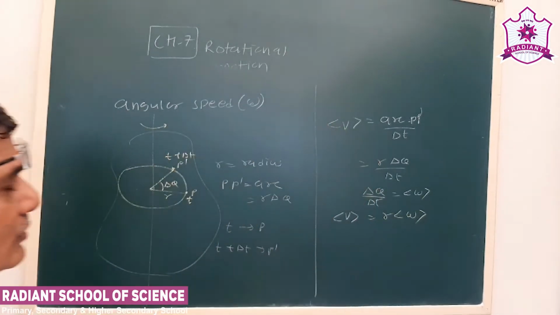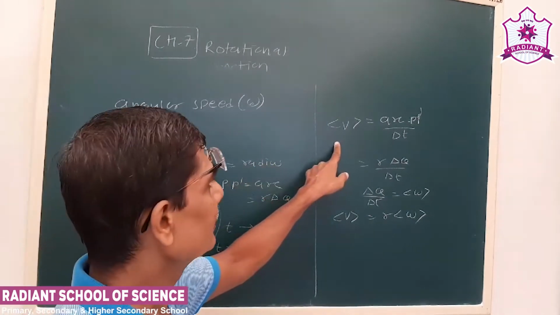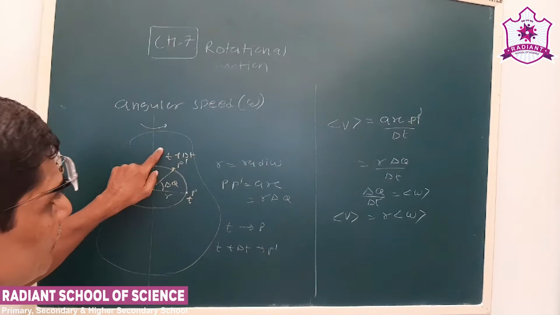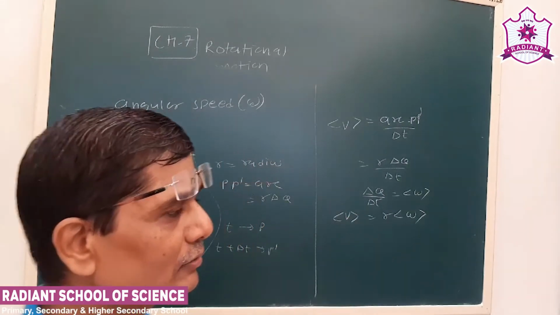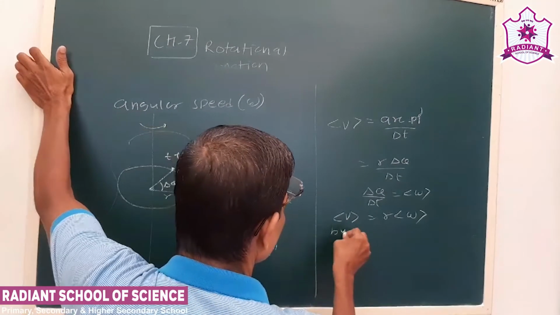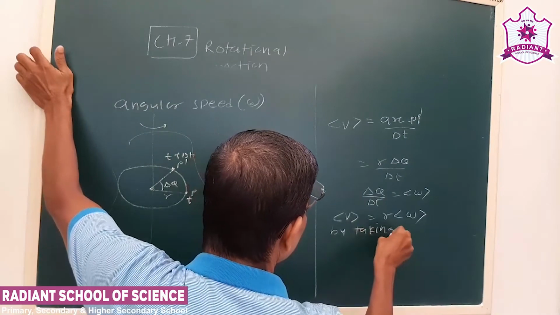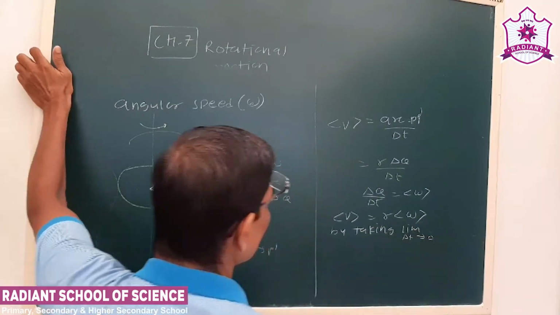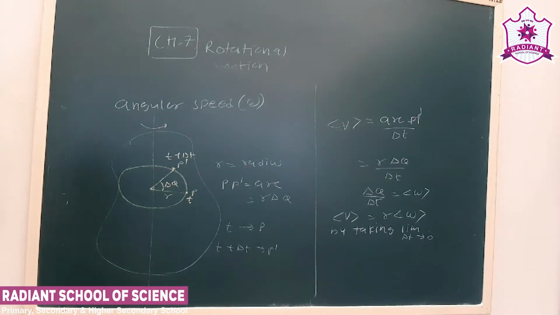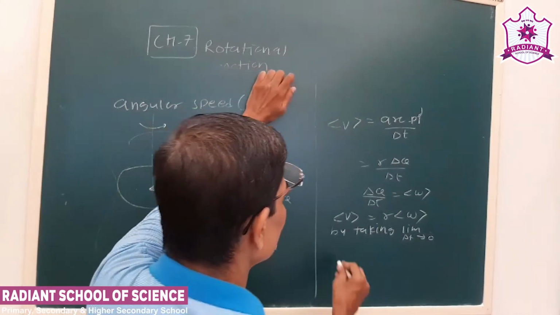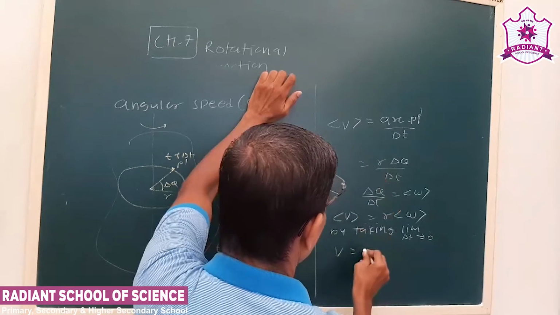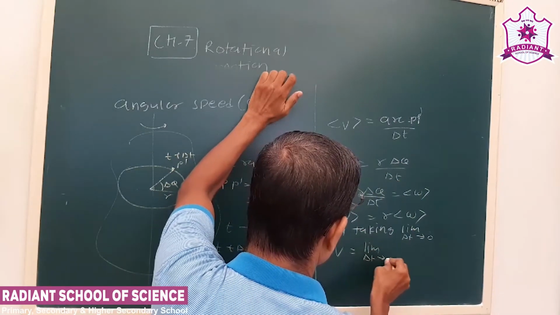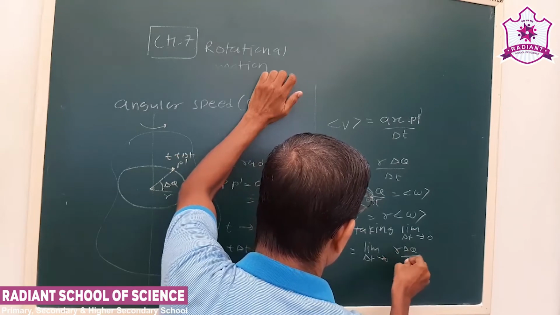Now the average linear speed is the length of the arc pp dash upon the time interval. By taking the limit delta t tends to 0, we get the instantaneous speed, that is v equal to limit delta t tends to 0 of r delta theta upon delta t.